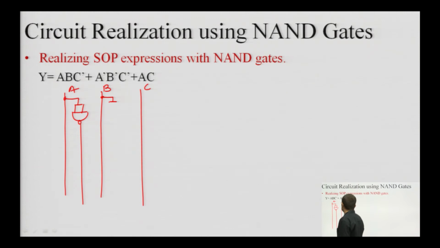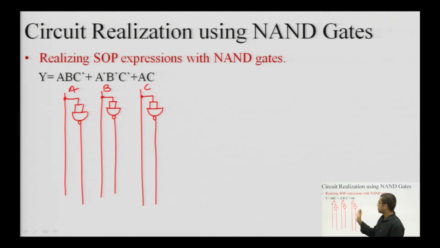Similarly, here as well. So, in this way we have prepared the initial layout, and the initial variable requirements are being satisfied. Then the first product A, B, C bar: this is my A, this is my B and this is C bar.